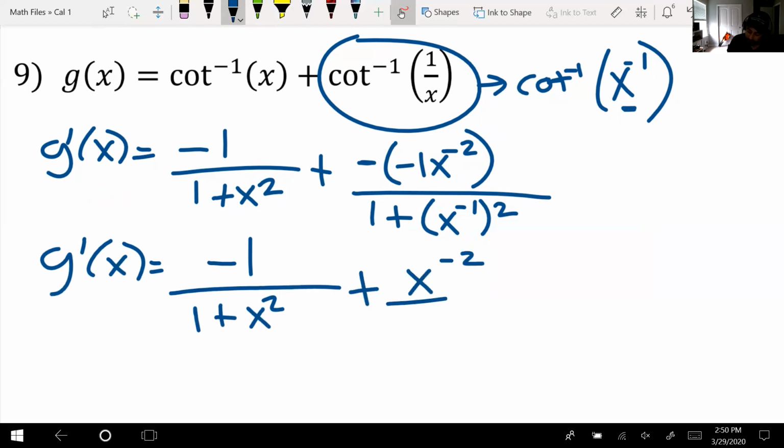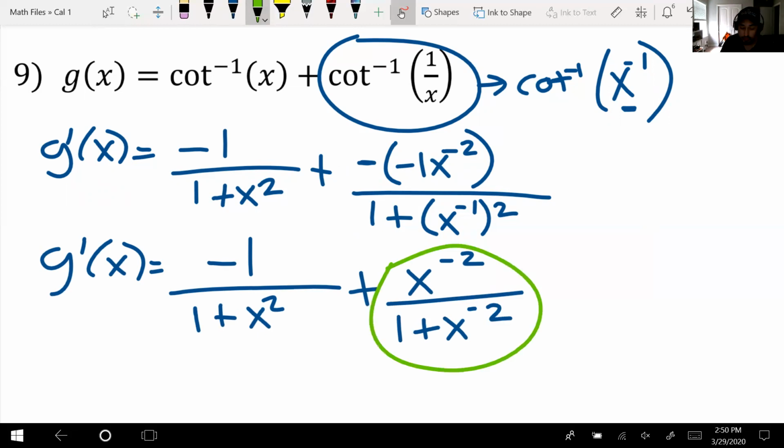That's x to the negative 2 over 1 plus x to the negative 2. All right, so we need to fix this part. If it's x to the negative 2, we're going to flip that to the denominator.